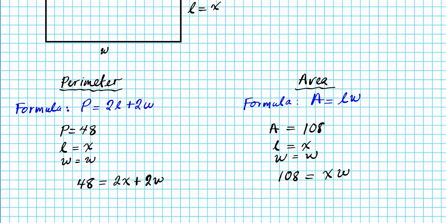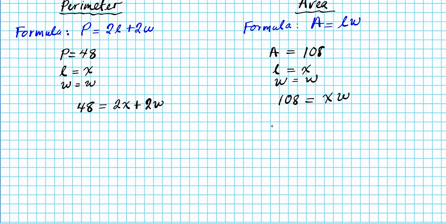So what do we have now? We have a system of equations. Let's write it down: 2x plus 2w equals 48. That's equation 1. And then we have xw equals 108.